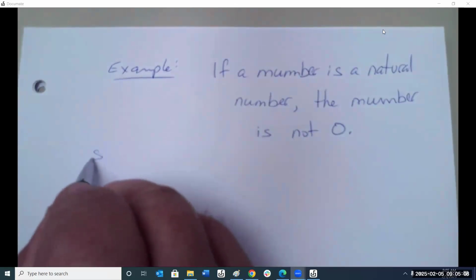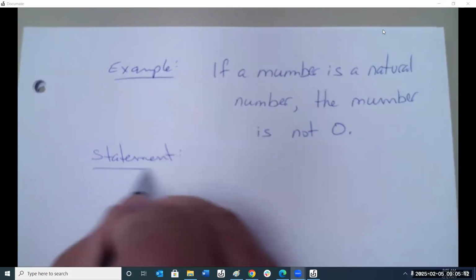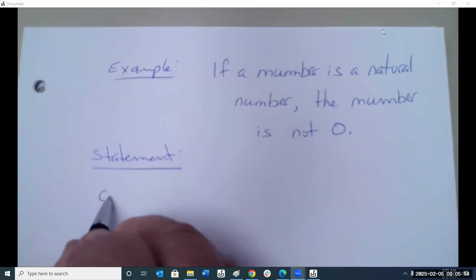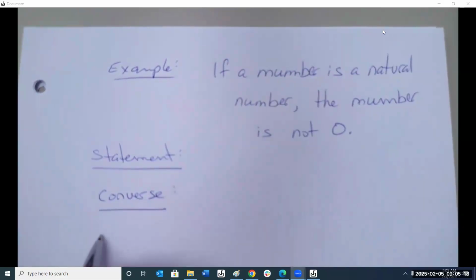So I want to know the statement, the converse, the inverse, and the contrapositive.